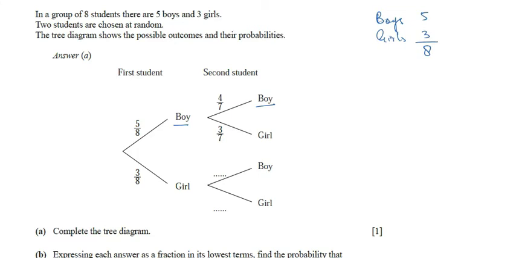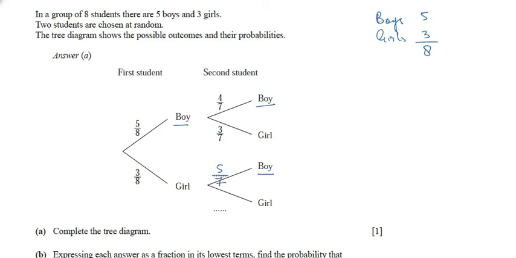Now if the first student is a girl and we select the second student as a boy, what will be the probability? If the first student is a girl, it means up till now we have not taken any boy from the group. Altogether we have 5 boys in the group, but as we have taken one girl, the total remaining students are 7.